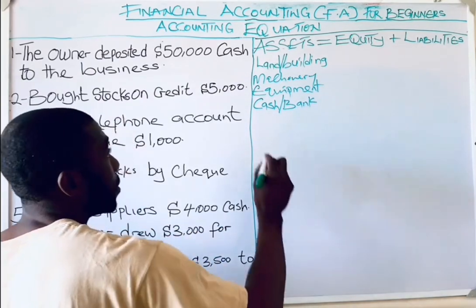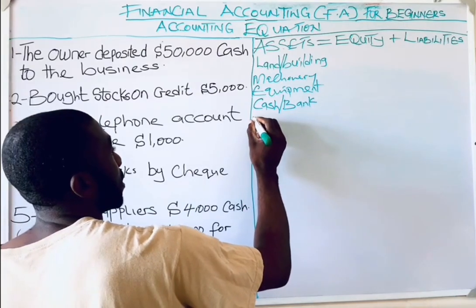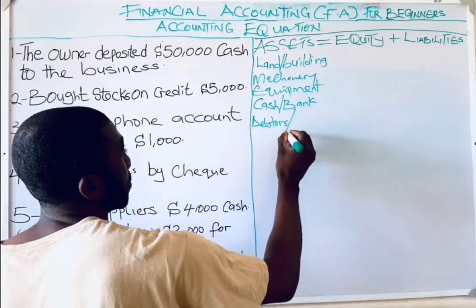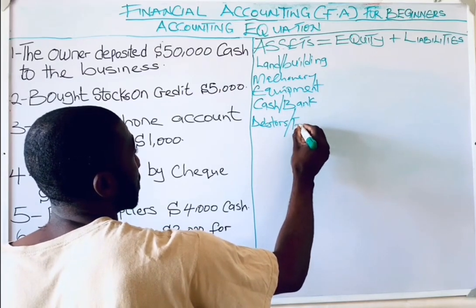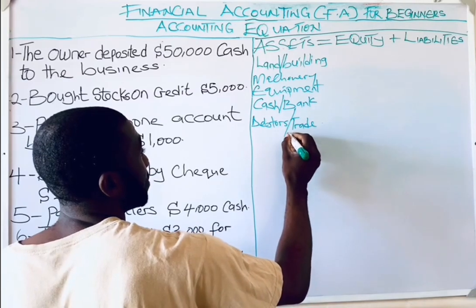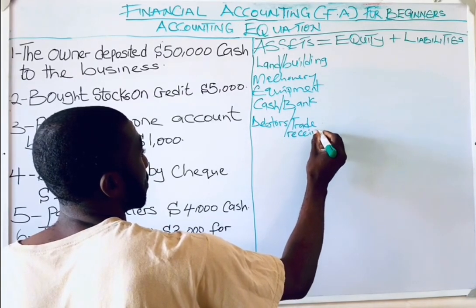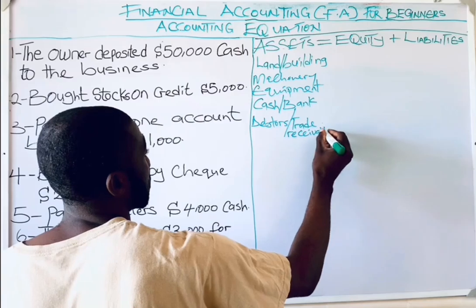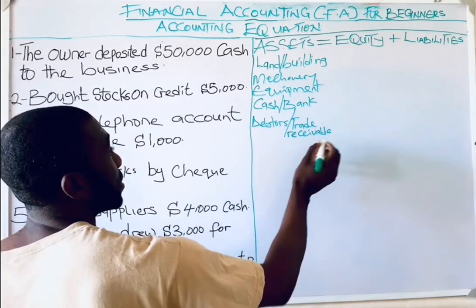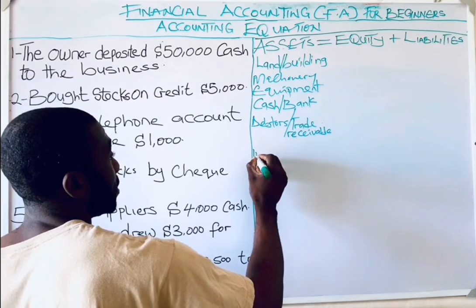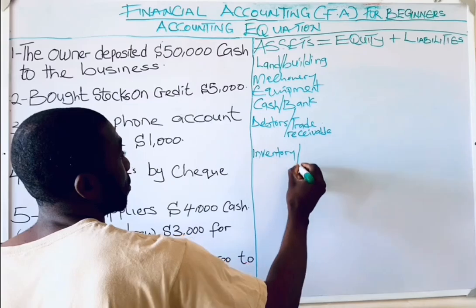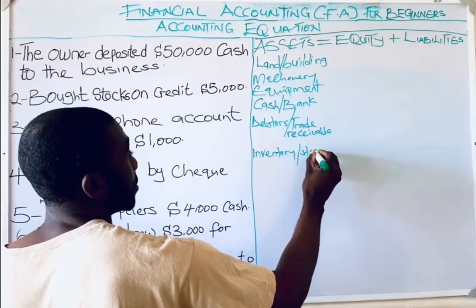For this level, we have our debtors, or you call it trade receivables. We have our inventory, or you call it stocks or goods.